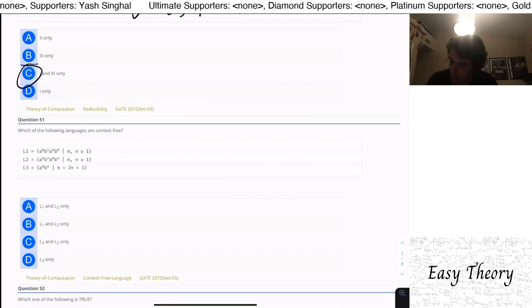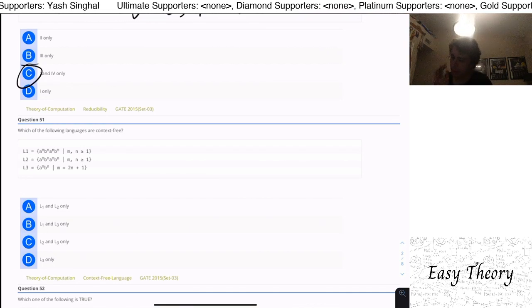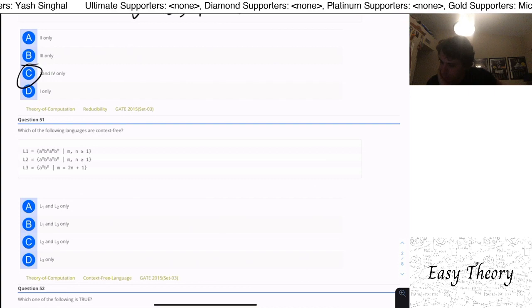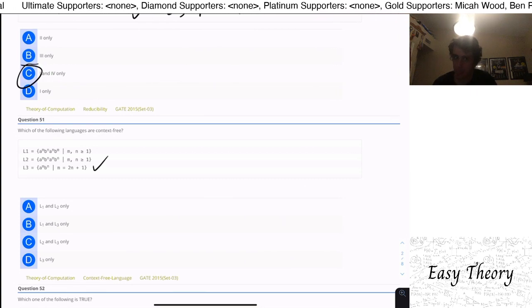Which of these two is context-free? Let's just make sure that this is still going. Yep. Okay. Which of these three is context-free? M is equal to 2n plus 1. So L3 is.